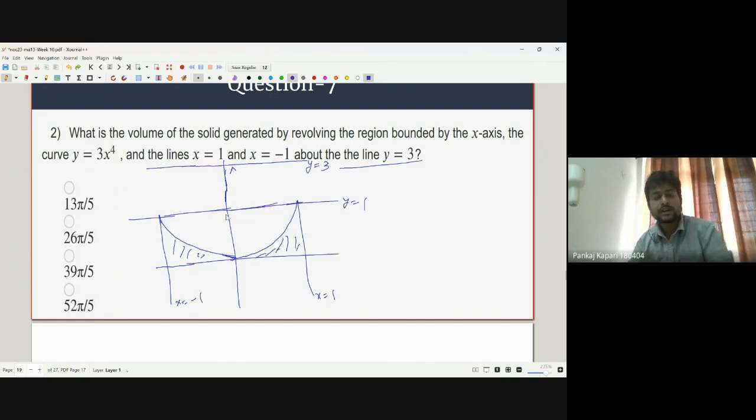So whatever solid you get, if you take the cross sections about the planes which are perpendicular to the axis of revolution, which is y equal to 3, you get a disk which will have holes. So you take some plane which is perpendicular like this.